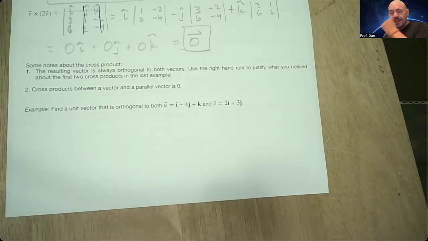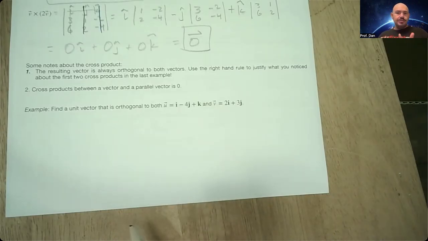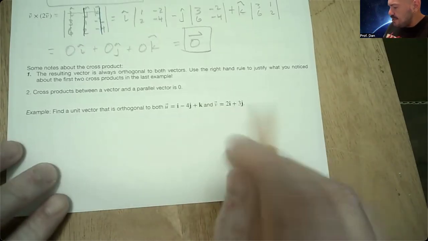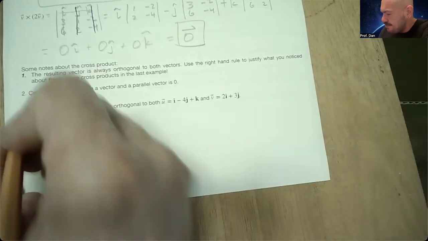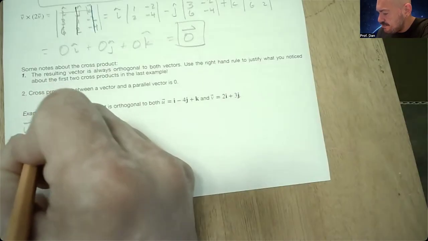And it doesn't actually matter whether I do u cross v or v cross u, either one will result in a vector that is orthogonal to both u and v. That means that for this question, there actually are two possible answers, right? But I'm going to do u cross v.